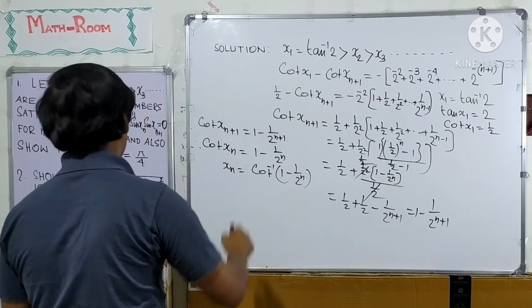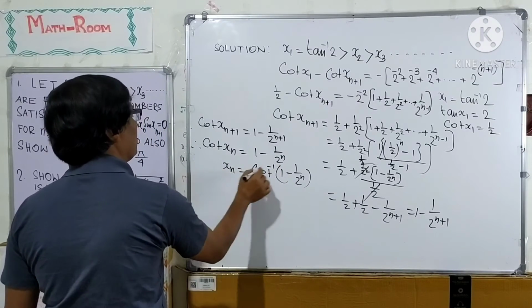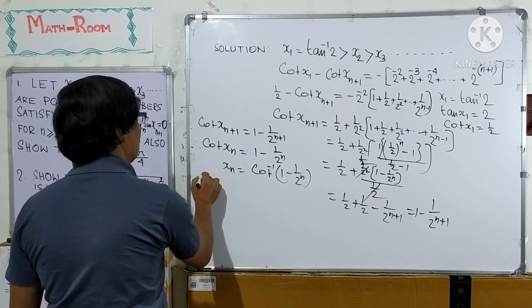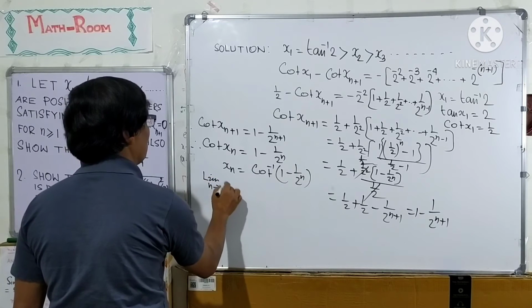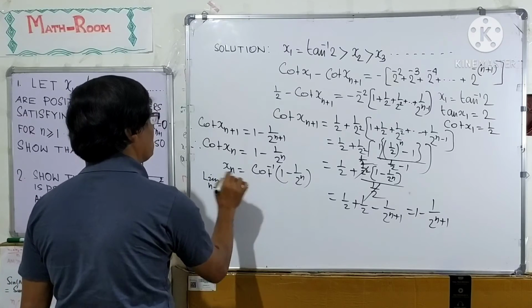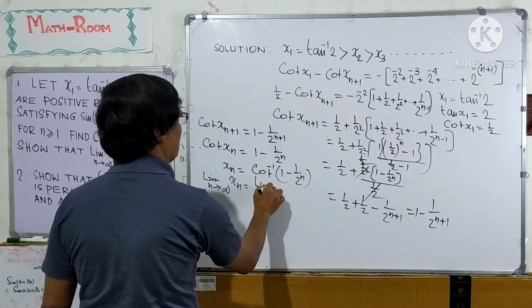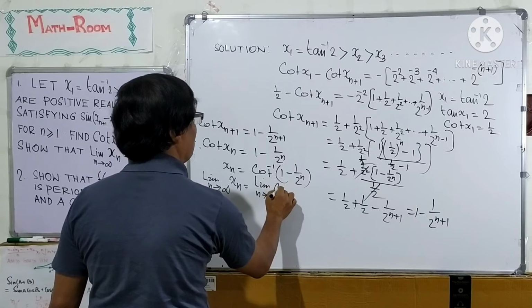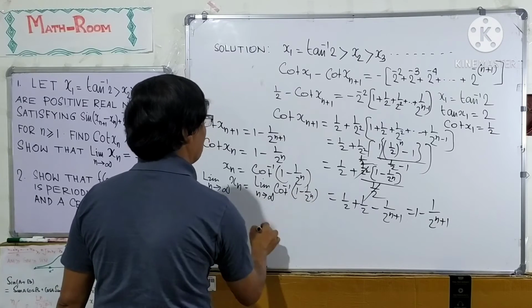If we take the limit on the left hand side and right hand side, we get the limit as n tends to infinity of xn equal to the limit as n tends to infinity of cot inverse of 1 minus 1 over 2 to the power n.